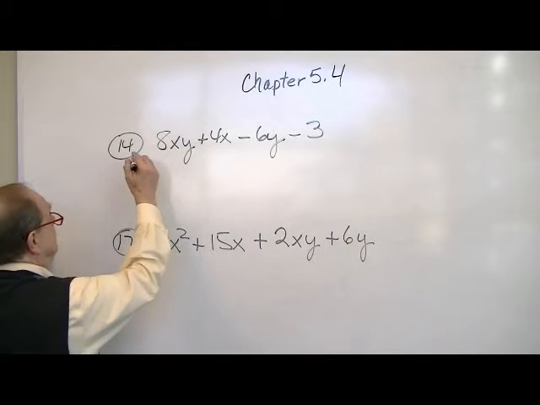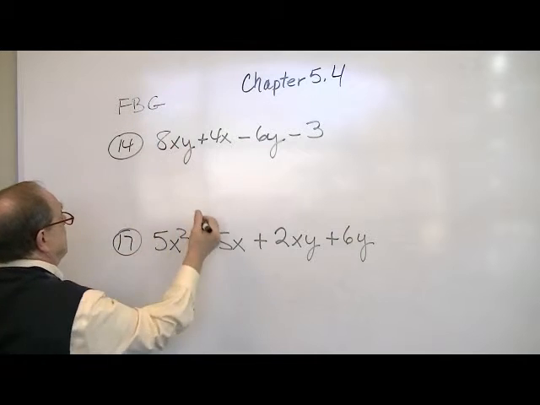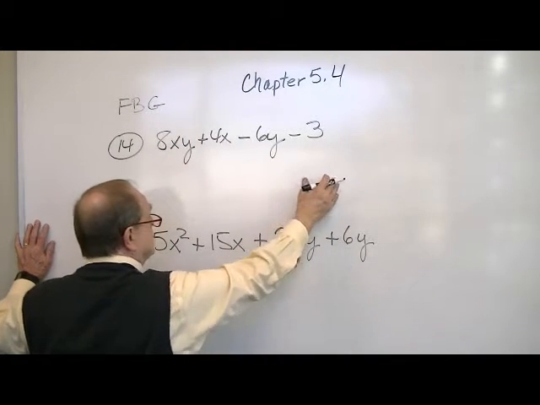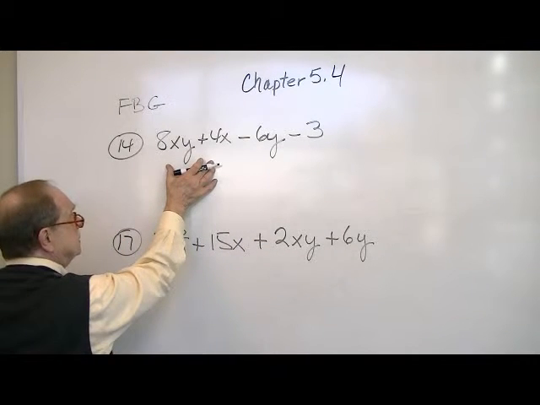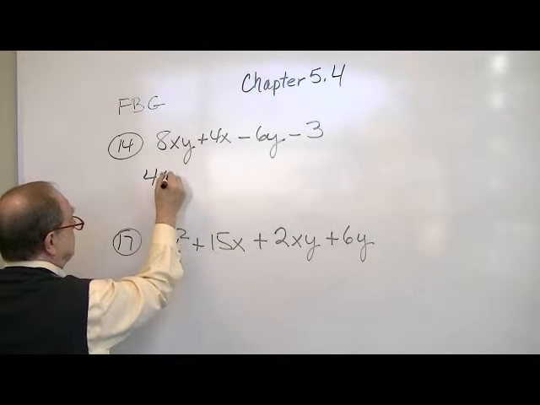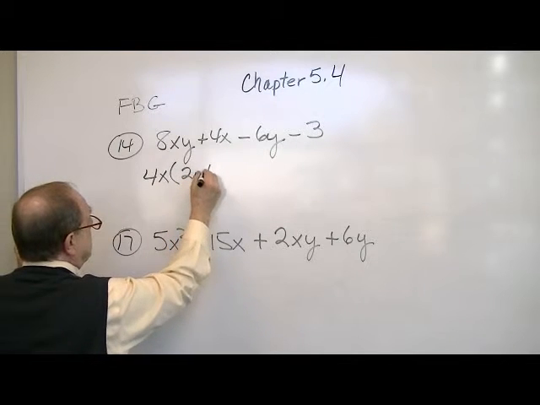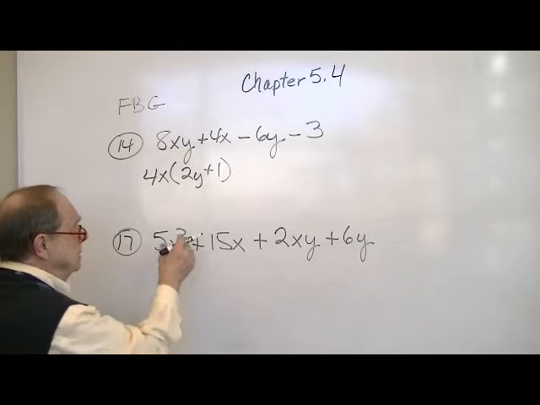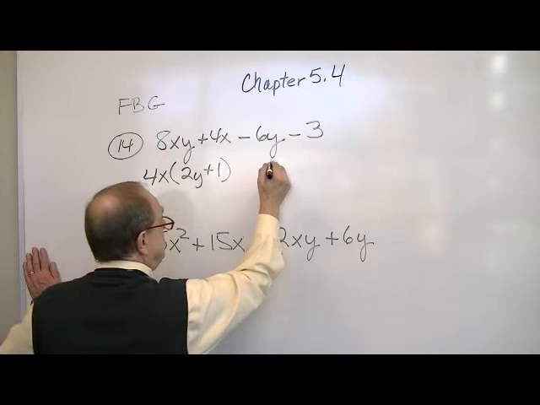So again, factoring by grouping, 4 terms. There's no common factor in all of them, but there is a common factor in the first two. So we're going to factor out here a 4x, and this will give us a 2y plus 1. Now again, if you think you can factor by grouping, you're looking for this term here.